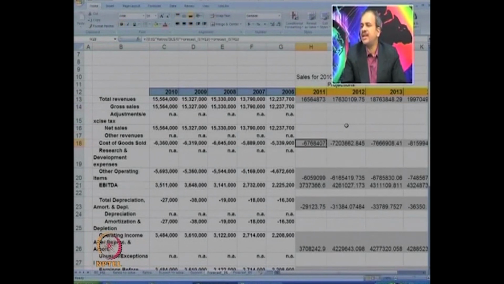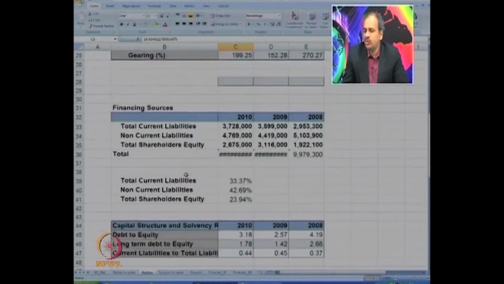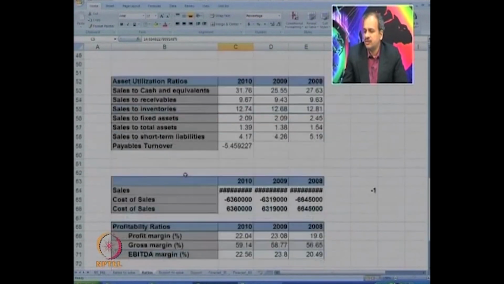Herein again we have already calculated the ratio. I will just show you the ratio so that it is more clear to you. We have calculated the figure of gross margin, which tells us what the percentage of margin is, which is about 60%, and the remaining 40% is cost.